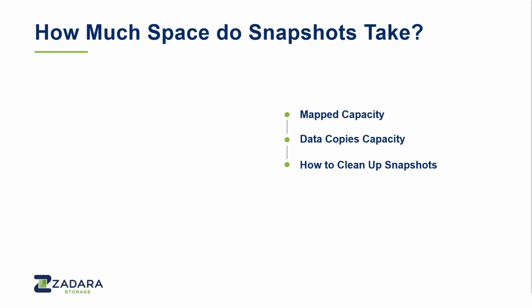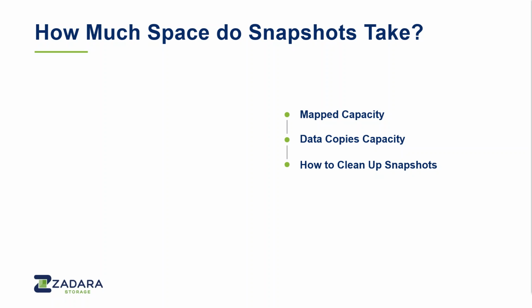There are two components. One is map capacity, which is just the data itself within a volume, and then we have data copies capacity. The two are different, but they're sort of related. The map capacity, of course, is the volume size, and the data copies is just the additional snapshots.